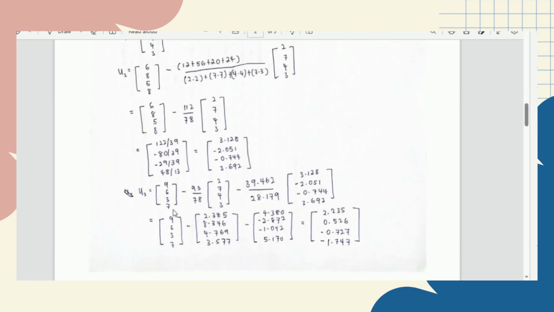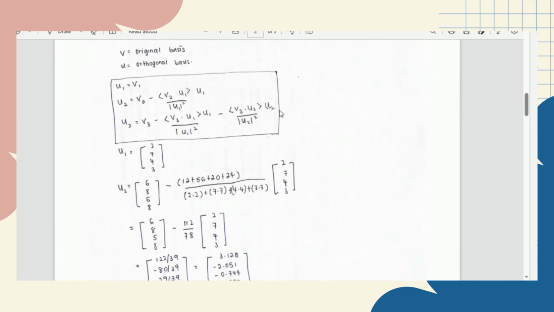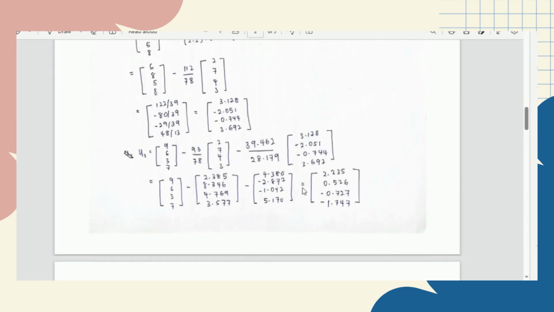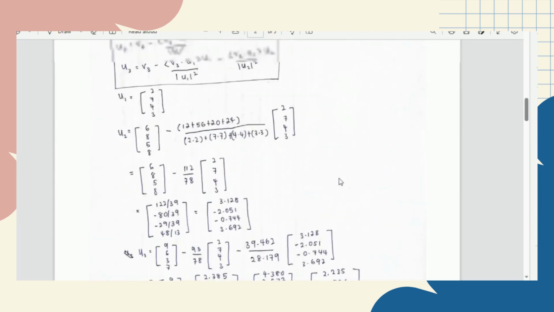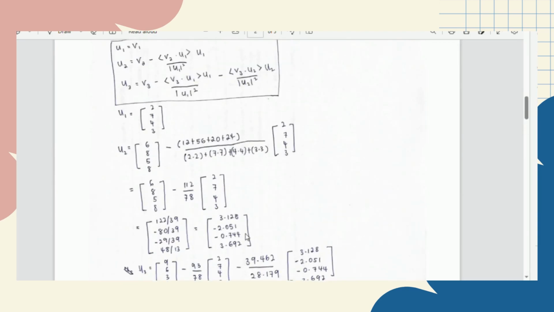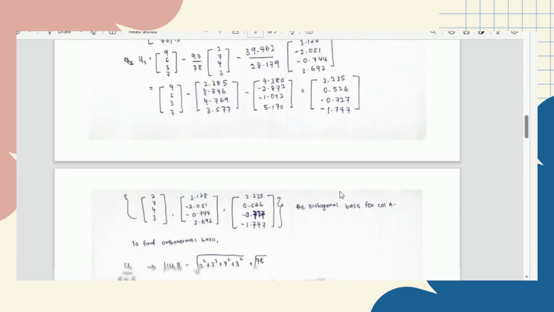For U3, I use this formula too, and I will get this answer. And then I have found the orthogonal basis for A, which is my U1, U2, and U3.